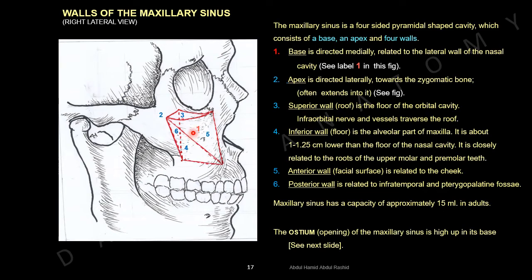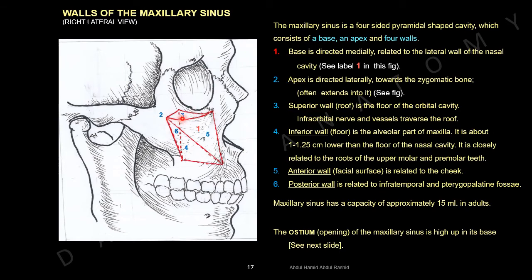This is the base of the maxillary sinus, which is related to the lateral wall of the nose. Second is the apex. This is the apex of the maxillary sinus, directed towards the zygomatic bone. Sometimes it extends into the zygomatic bone.